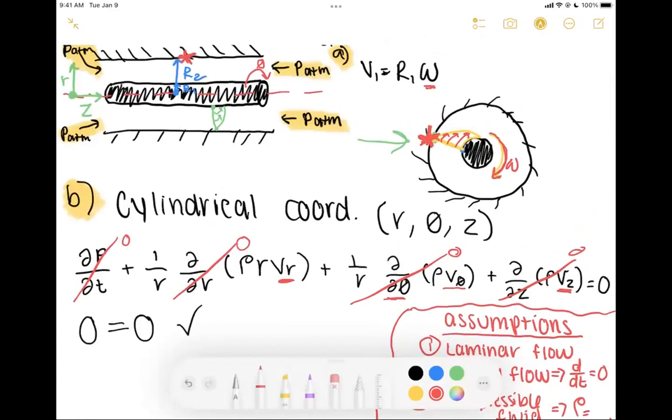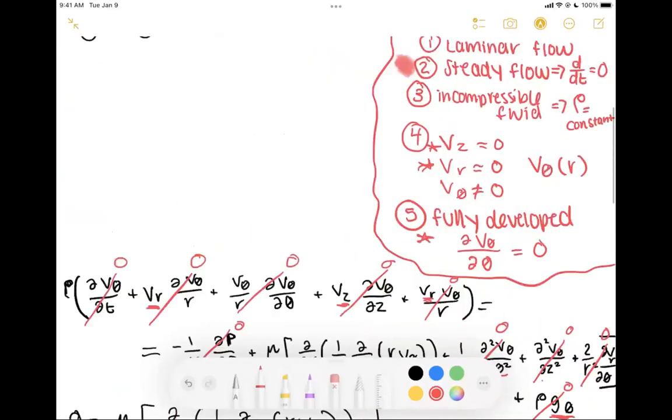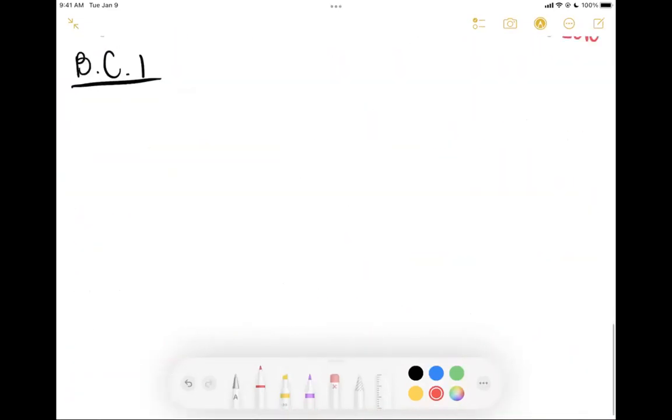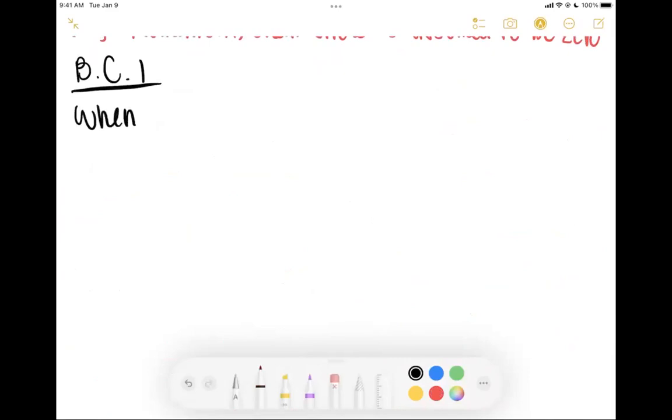When the radius is equal to R2, because that's where that point is, the velocity of theta is equal to 0 because of the no slip condition.